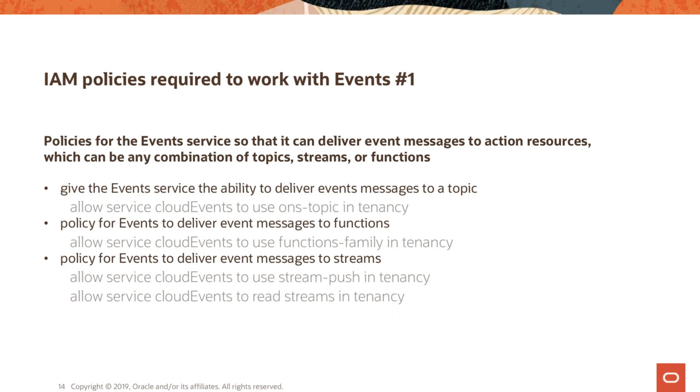To create rules, you must authorize the event service to deliver event messages to action resources, which can be any combination of topics, streams, or functions. So there are three kinds of policies that you see here that enable the delivery of these messages.